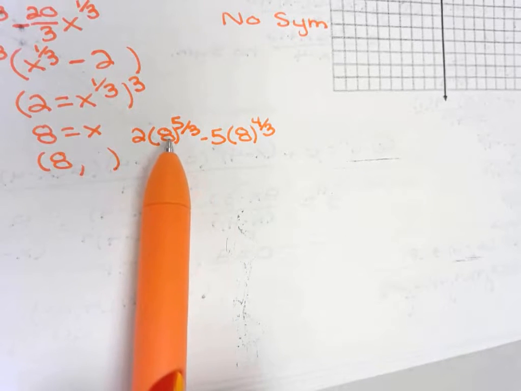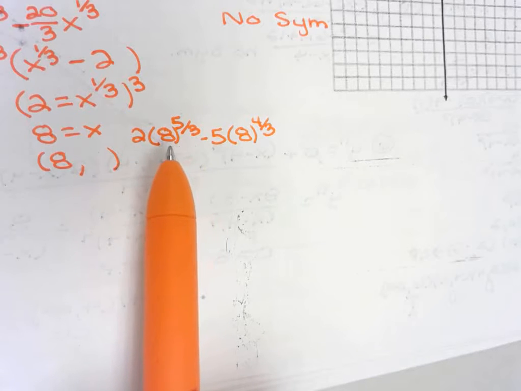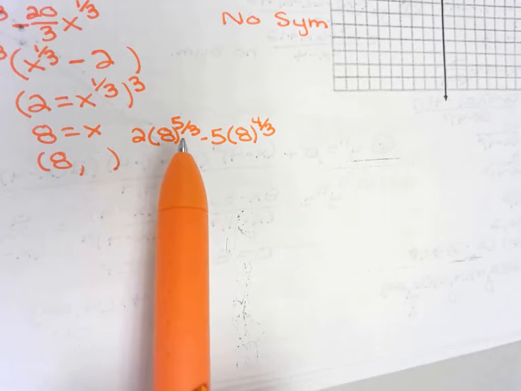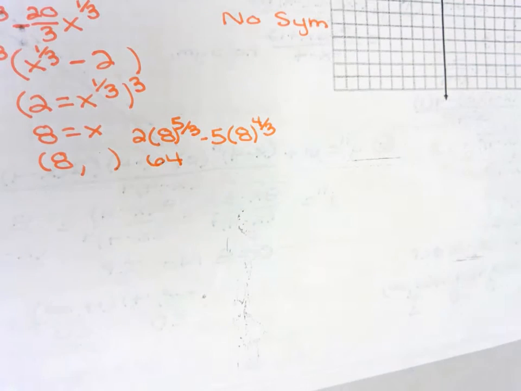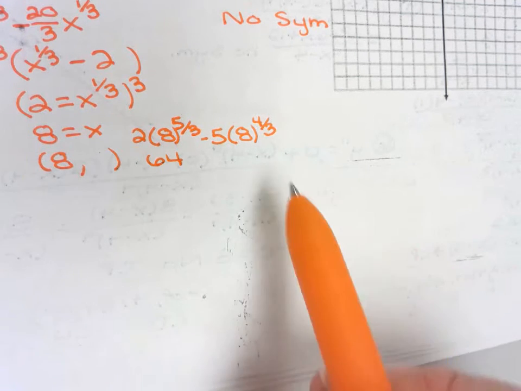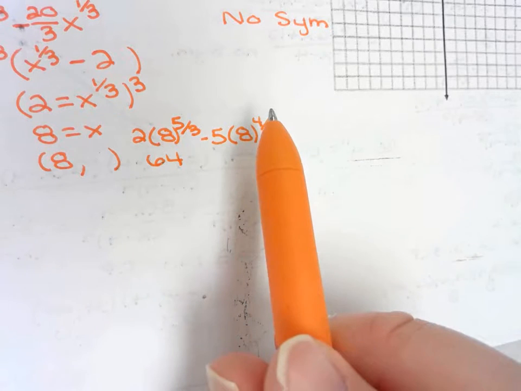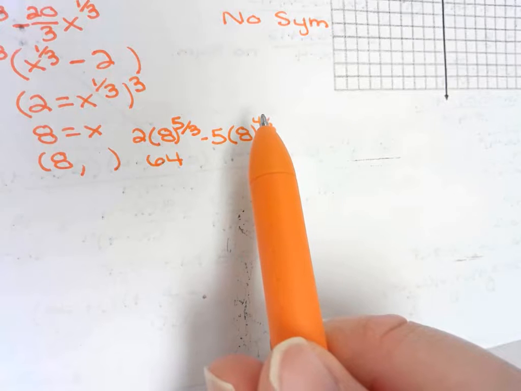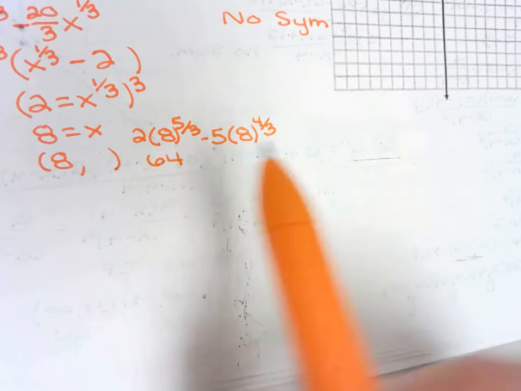Third root of 8. Denominator becomes your root. So what's the third root of 8? 2, to the 5th. 32 times 2, 64. Just be careful with those rational exponents. Third root of 8, 2 to the 4th. 16 times negative 5.